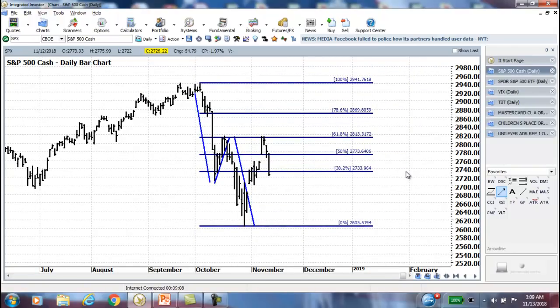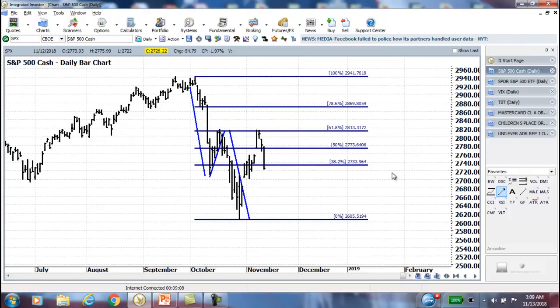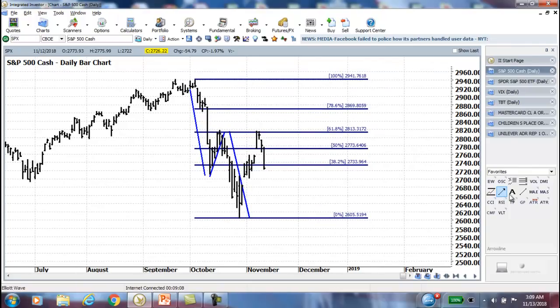Now, that would mean that we could potentially be setting up to where this is a complex A impulse, which would mean that we would label the original zigzag that we talked about with smaller letters. It's what you do for complex waves, or a wave within a wave, pattern within a pattern, however you want to view it.